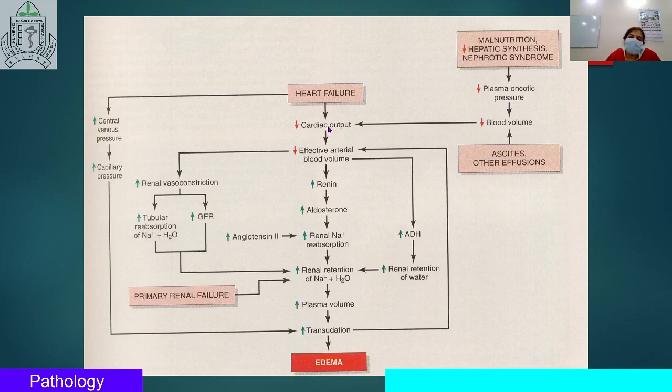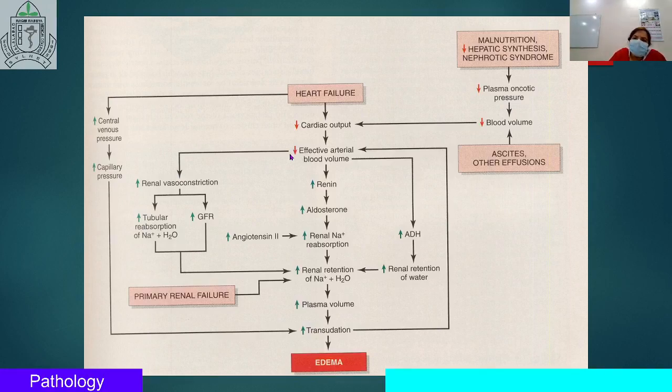If cardiac output is decreased, there is decreased effective circulatory blood volume. If blood volume is decreased, there are three incidents. Number one is increased renin secretion. Number two is increased ADH secretion, antidiuretic hormone. And another is increased vasoconstriction, renal vasoconstriction.